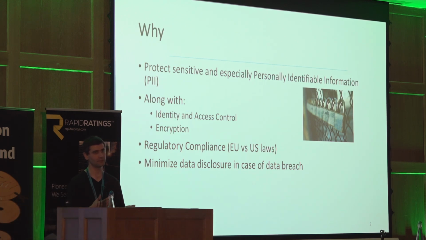So we can encrypt the data. We can control access through authentication and authorization. But when those measures fail, and they most likely will fail, then we still have to protect the data, even if a third party gets access to it, and that's where data anonymization comes in, right?